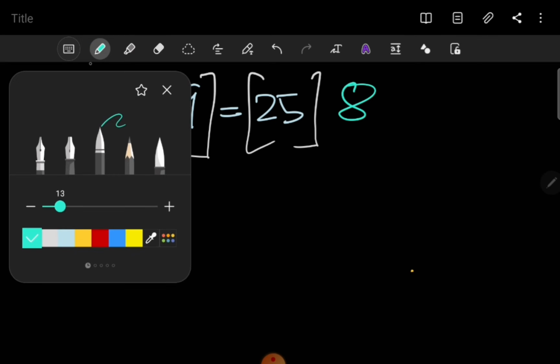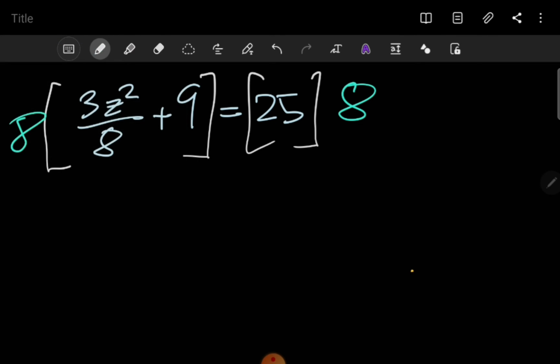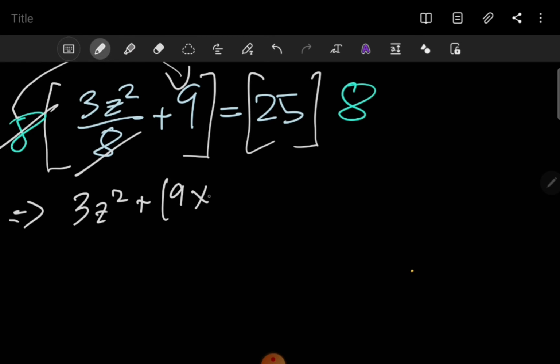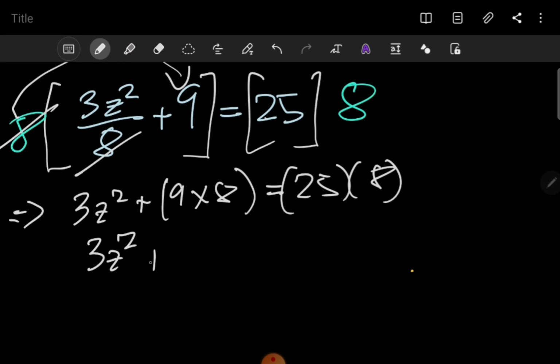And then, if you simplify, we have 3z squared, because 8 times 3z squared over 8 is 3z squared. And then 9 times 8, so I'm going to write 9 times 8 equals 25 times 8. Using your calculator, or if you want to manually solve it, 9 times 8 is just 72.